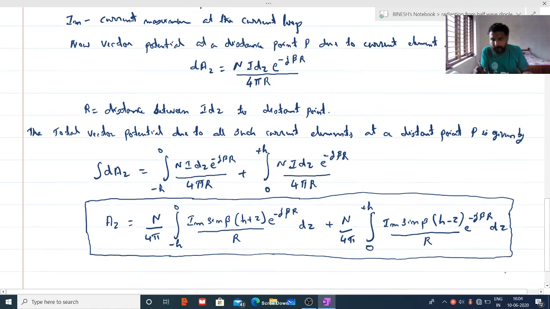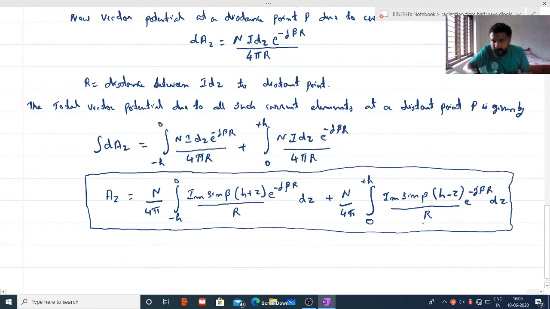Call this equation 2, and the other one equation 3.